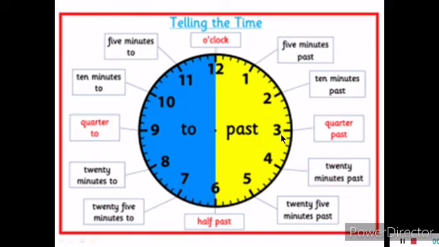Suppose the time is 2 o'clock, then we will say 5 minutes past 2, 10 minutes past 2, 15 minutes past 2 or quarter past 2, 20 minutes past 2, 25 minutes past 2, and then when it comes to 6, when the time is 2:30, it becomes half past 2. When it comes to 9, we have to say quarter to 3. That means there are still 15 minutes more for the clock to come to 3 o'clock. So, quarter to 3 we have to say.